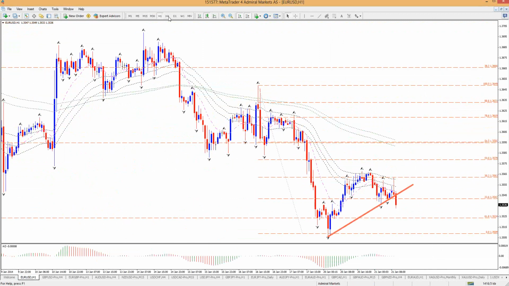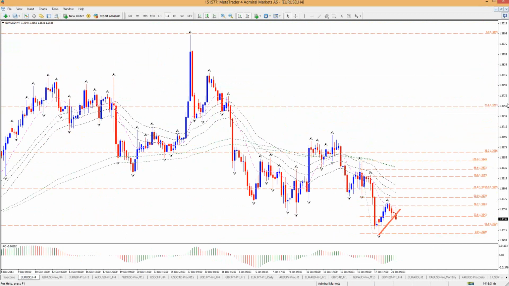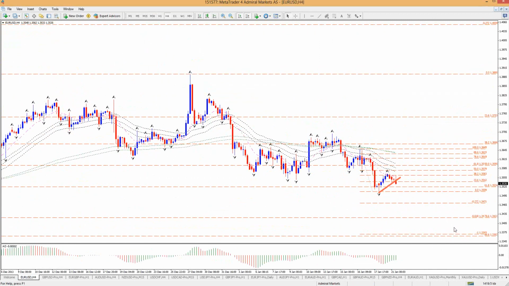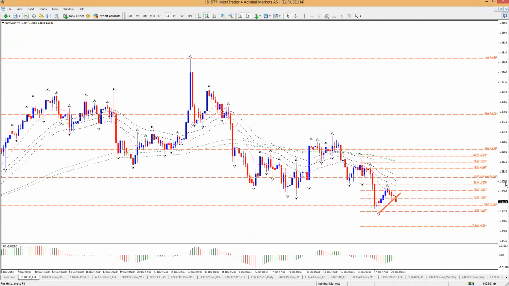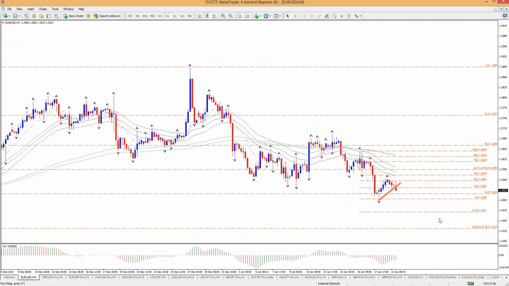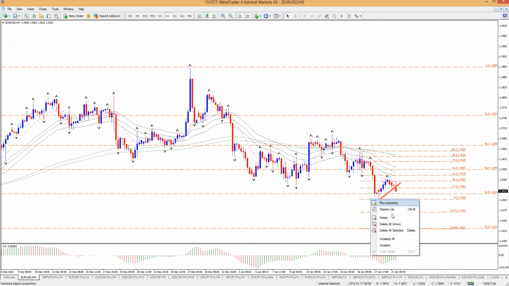It's a bit difficult to TP because, on the other hand, I'm tempted to go for the 78.6, which is at 134.20, but that seems to be a very, very far move. So I'm a bit skeptical to aim for that. Then again, if it does start to fall fast, I don't want to limit myself to the minus 272 at 134.71.